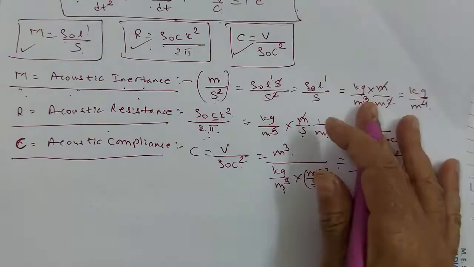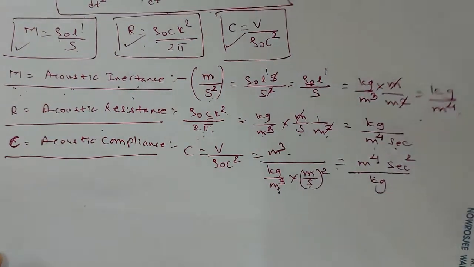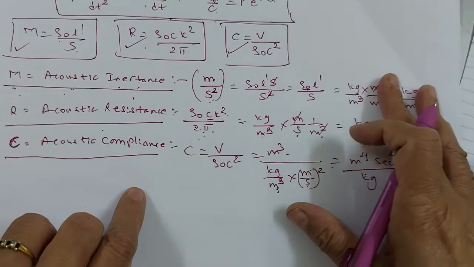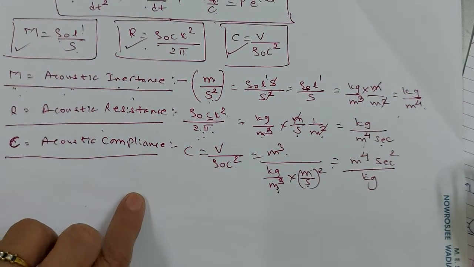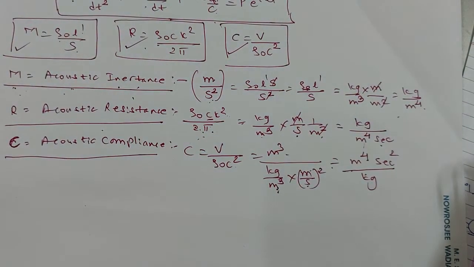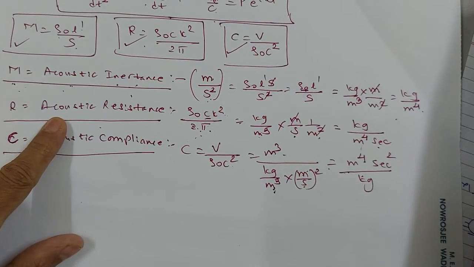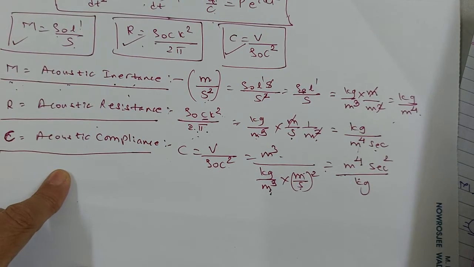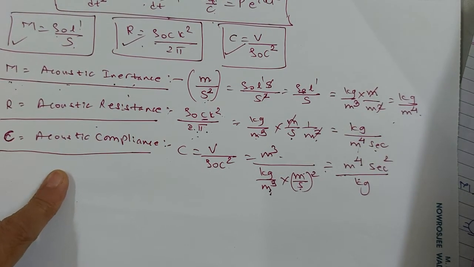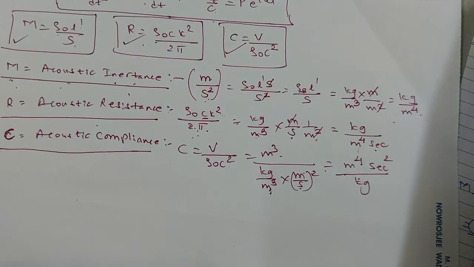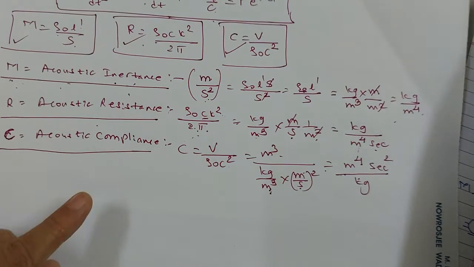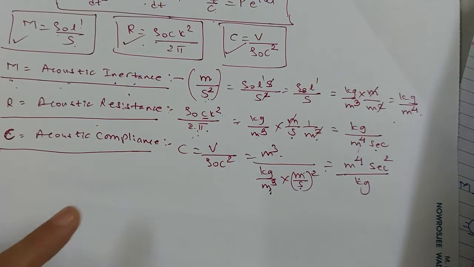So this is the unit for my acoustic compliance. Now, acoustic compliance is defined, like the definition of resistance, as the volume displacement produced by the application of unit pressure.